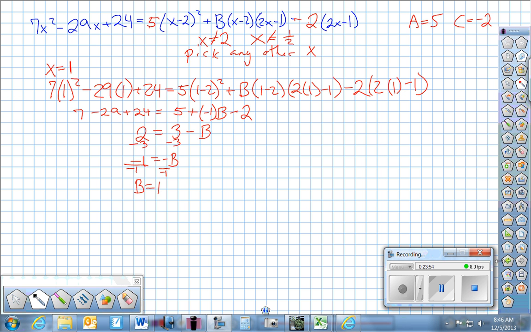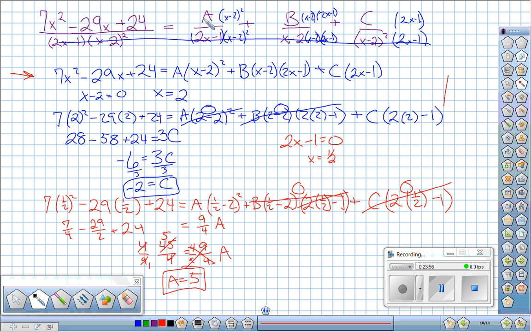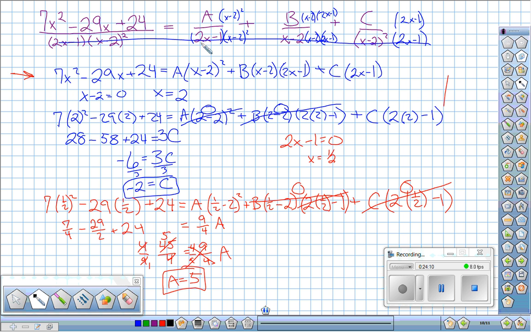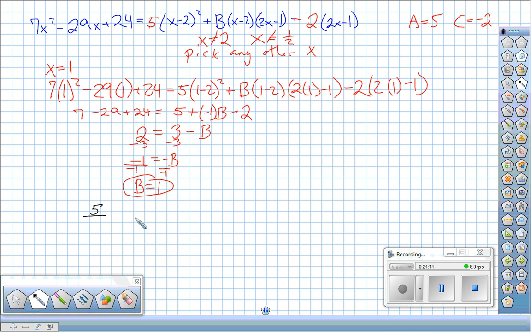So then I have to go back and look at my original partial fraction equation with the a, b, and c, and I'm going to replace all my a's, b's, and c's in there. And so my final answer will look like 5 over, and I have to pay attention to which one they came in. So 5 was my a, and that will be over 2x minus 1.